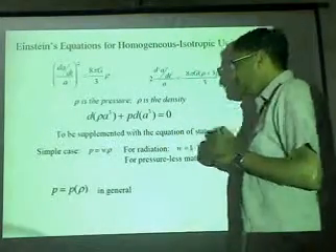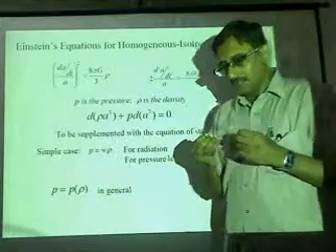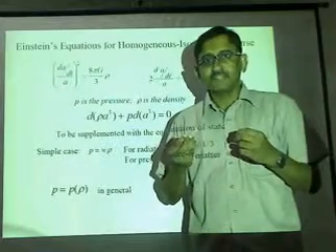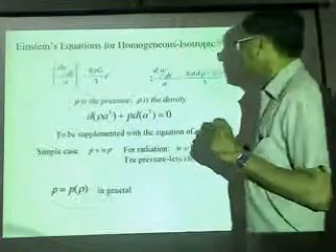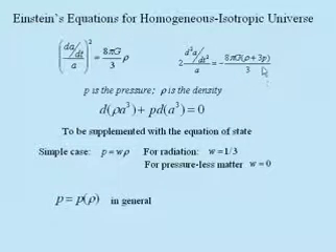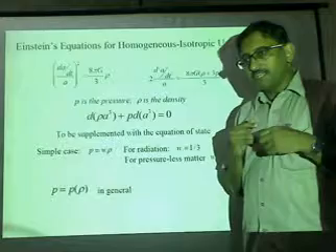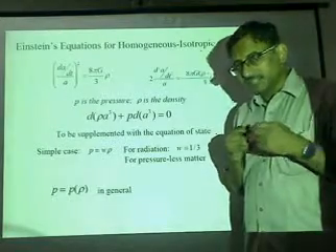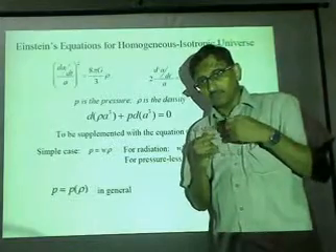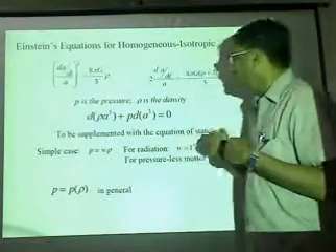This pressure P is the pressure exerted because of the random motion of the particles of the fluid which inhabit the universe. And as I mentioned, P appears here because if the particles are moving with speeds which cannot be neglected as compared to the speed of light, then because of the motion it will contribute its own energy in addition to the rest mass energy, and that will add up as a cause for gravity.